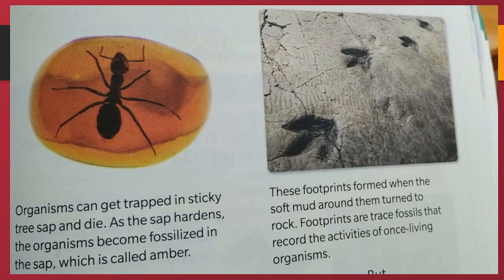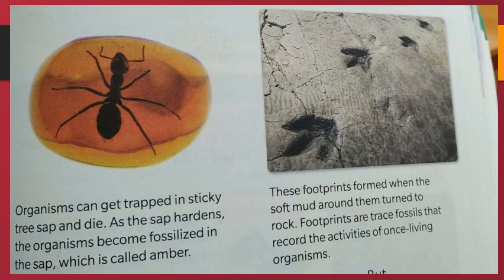If the drop of sap falls on the ground, it stays there for a long period of time, the sap hardens, and the ants that got stuck in the sap become fossilized in the sap.